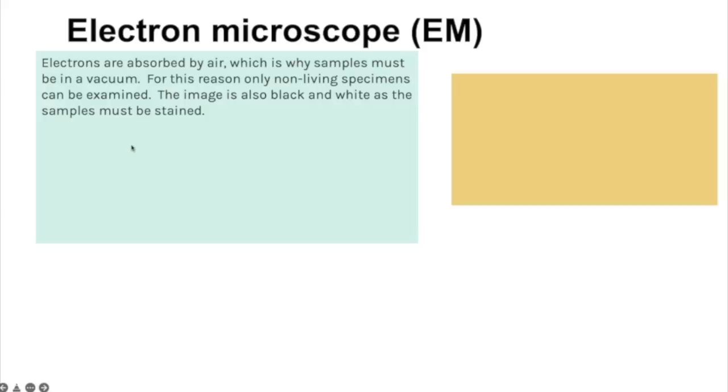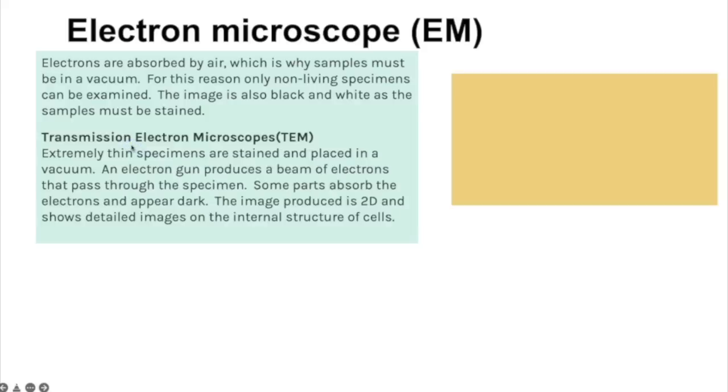The electron microscopes have much higher resolving powers, as we said, and the difference between the transmission and the scanning electron microscope is that in the transmission, you have extremely thin specimens, and the electron gun produces a beam of electrons that transmits or passes through the specimen. So some parts of the specimen will absorb the electrons and therefore appear dark, some parts won't and the electrons would have passed through and they appear lighter.